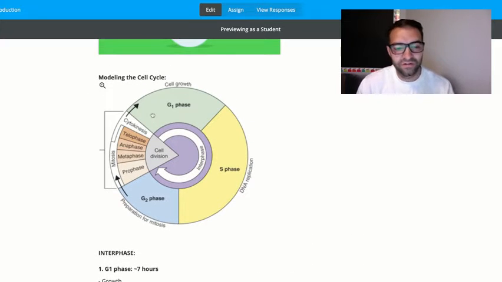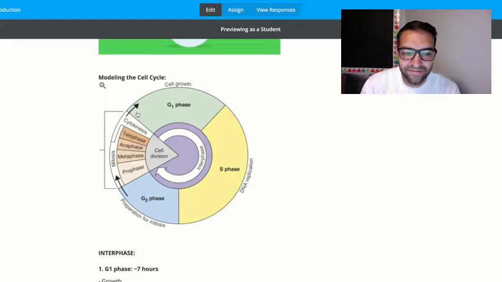When you're looking at this cell cycle, you can think of it as the life cycle, if you will, of a cell. Every single cell is going to go through this, and it starts here at the G1 phase. G1 is really going to be all about growth. This is a brand new cell.